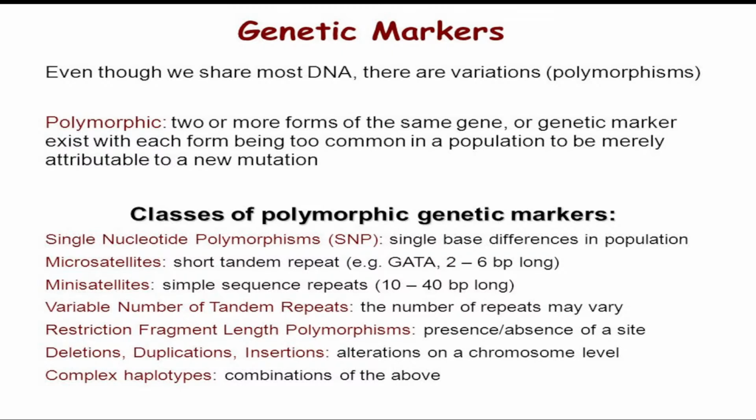Minisatellites, simple sequence repeats, are 10 to 40 base pairs long. Variable number of tandem repeats: there are many repeats and the number may vary. Restriction fragment length polymorphism: presence or absence of a site. Deletion, duplication, insertion are alterations at the chromosome level. And complex haplotypes are a combination of the above.